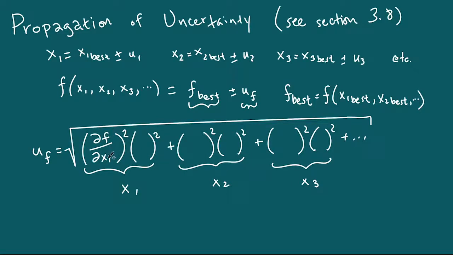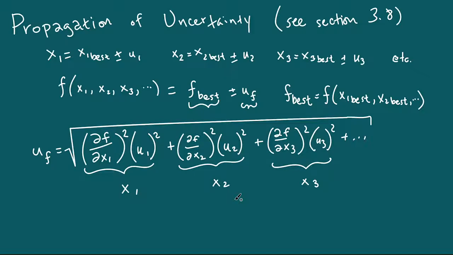So partial of f with respect to x1. In this term, it's going to be the partial of f with respect to x2, and the partial of f with respect to x3. So you take the partial derivative and you square it, and then we multiply by each of the corresponding uncertainties squared. So u1, u2, u3, quantity squared. And this is going to give a number, and that number is going to be the uncertainty for f.